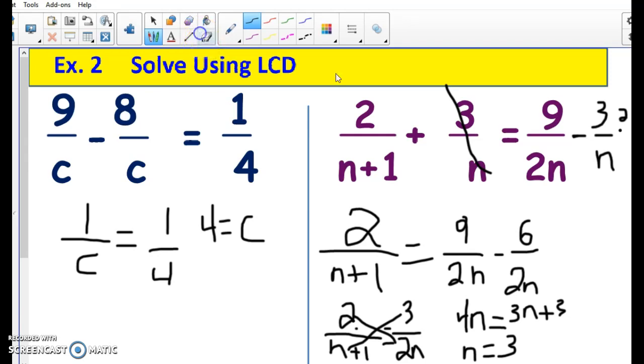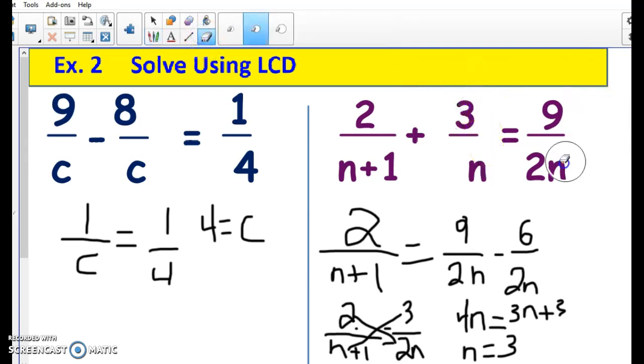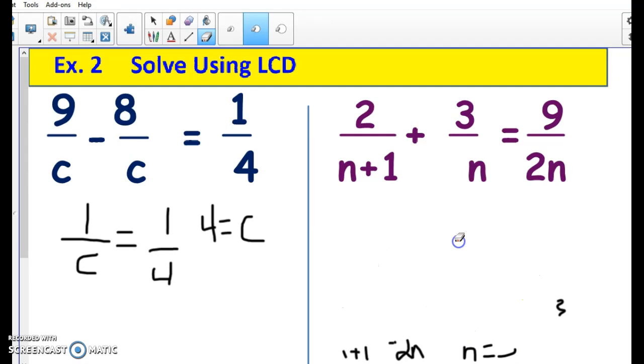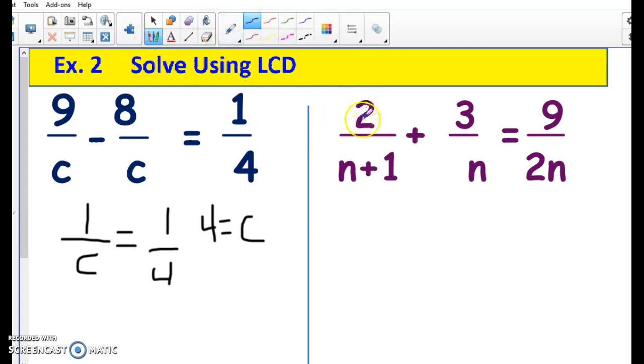So kind of important, we figured out n was 3. So now let's remember that n is 3, and this is algebra, so we can go back and check our work for a problem like this. So if I think n is 3, let's plug it into these problems and see if that works. So I end up with 2 over 3 plus 1, which is 4. So I have 2 over 4 plus 3 over 3, which is really just going to be 1 then, because n is 3, equals 9 over 2 times n, and we figured out n was 3, so 2 times 3 is 6, so 9 over 6.